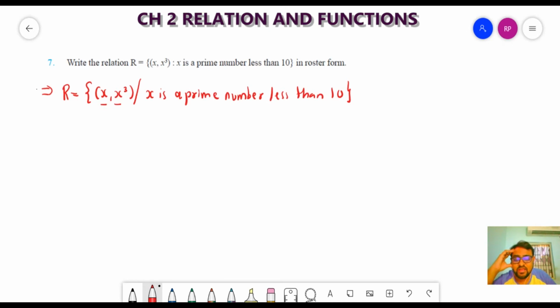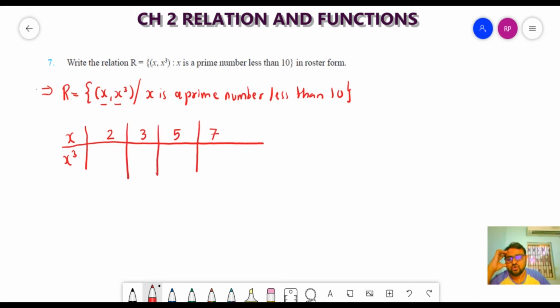Okay, I only have to take the prime number which is less than 10, right? So which are the prime numbers which are less than 10? 2, 3, 5 and 7.